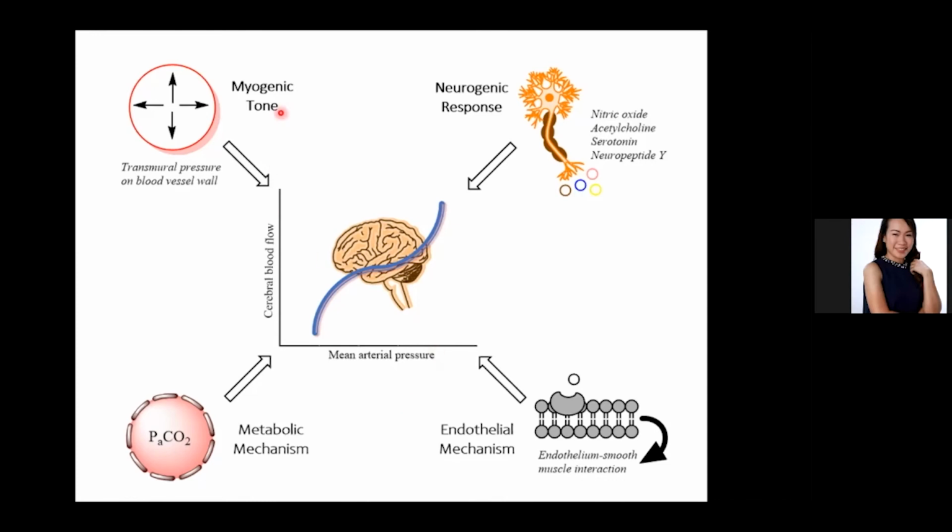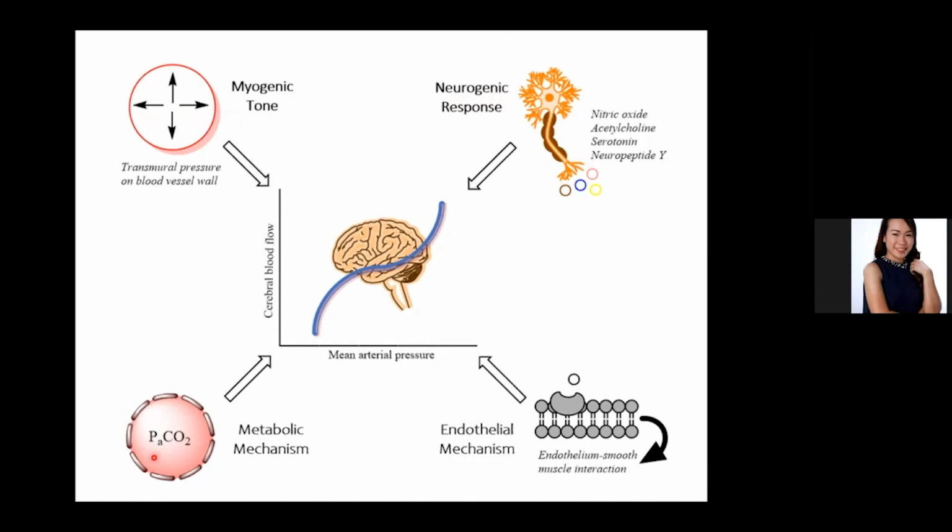Now we see in this picture here that there are different ways for us to do autoregulation. We have your myogenic or pressure autoregulation, where we will be discussing the transmural pressure on a blood vessel wall. We also have a neurogenic autoregulation, which we're going to discuss with some neurotransmitters.